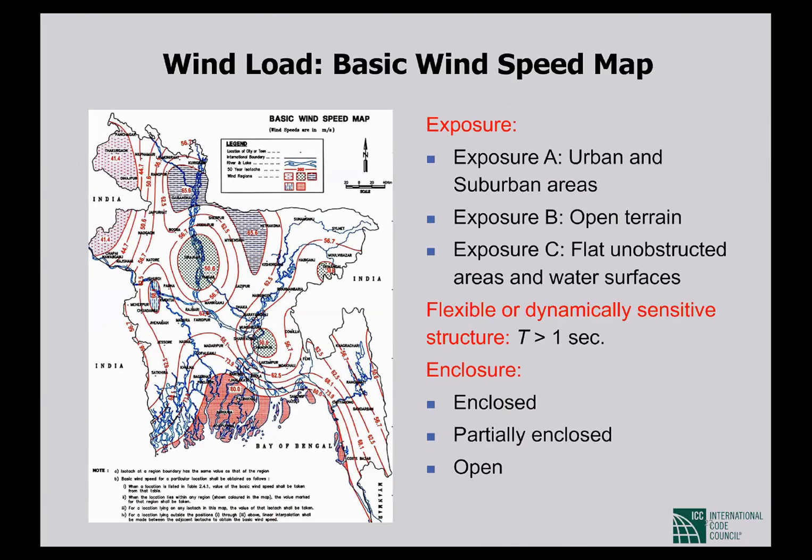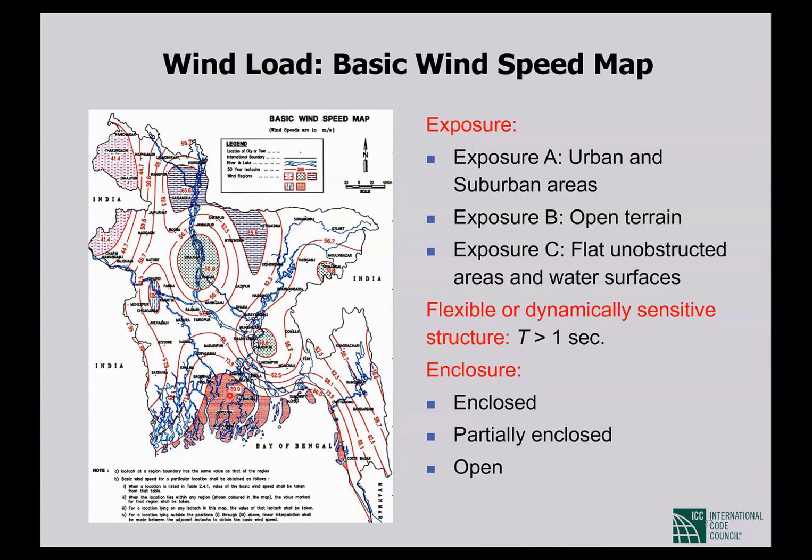The most important one is the basic wind speed. So the basic wind speed map, if you compare with the earlier version of the code, you'll see those two maps look exactly the same. The values are different. Why is it so? Actually, no new calculations were done this time because the code in the previous version was quite conservative.